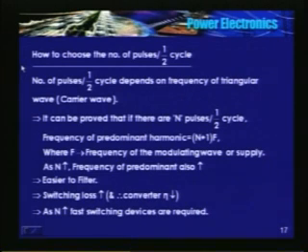Now, how to choose the number of pulses per cycle? The number of pulses per cycle depends on the frequency of the carrier, or frequency of the high frequency triangular, which is also known as the switching frequency.